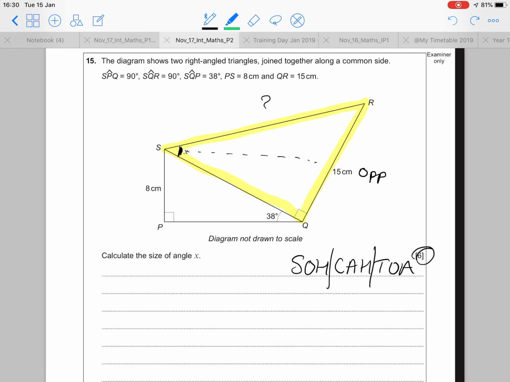So let's go back, get rid of all that. So the first thing that I'm going to do is look for this side here, and I'm going to call it SQ. Drawing myself a little triangle to focus on just the one for SQ.